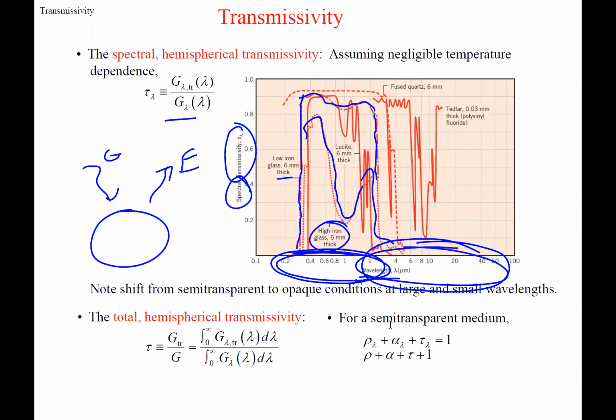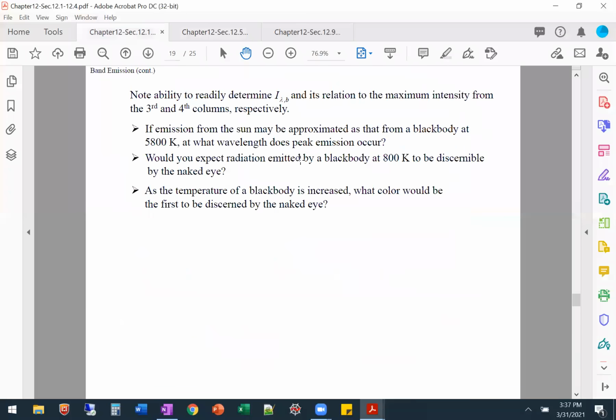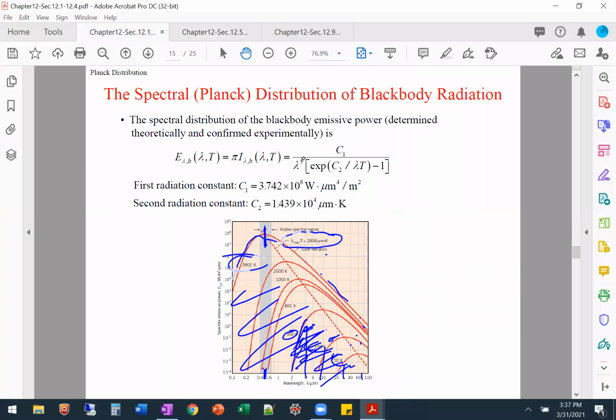Because if we go back to that figure again, here it is. We come back to this a lot.